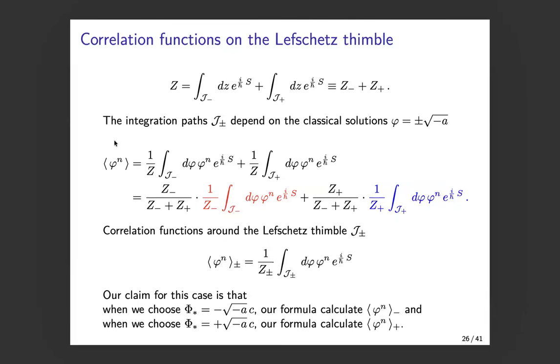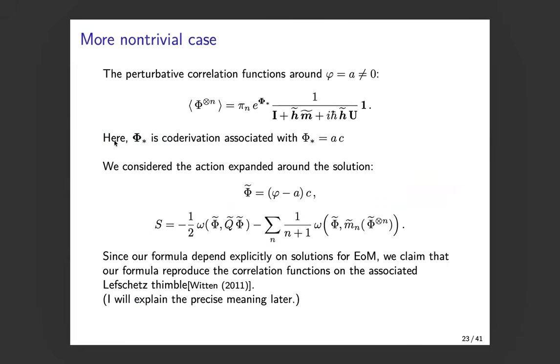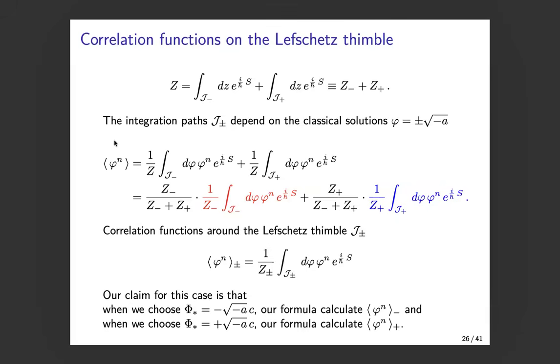Our claim in the previous slide is that we have the dependence on the classical solution in our formula. So when we choose phi star equals minus square root of minus A, our formula calculates this part of the correlation function. And if we take phi star equals plus square root of minus A, our formula calculates this part of the correlation function.